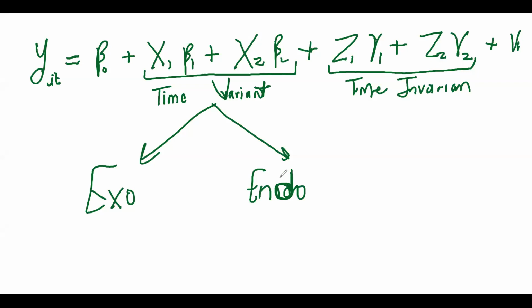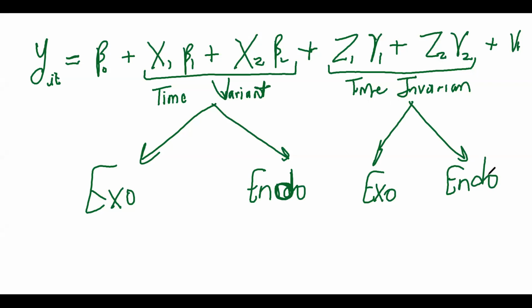So the time variant variables are divided further into two categories. Similarly, the time invariant variables are also divided into two categories. One is exo and one is endo, right?